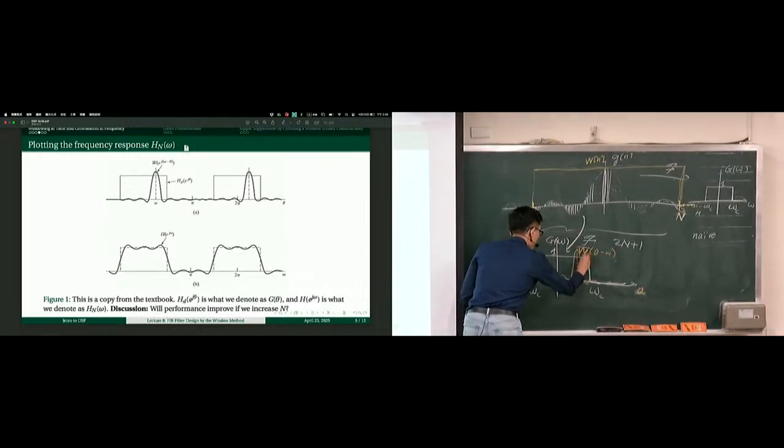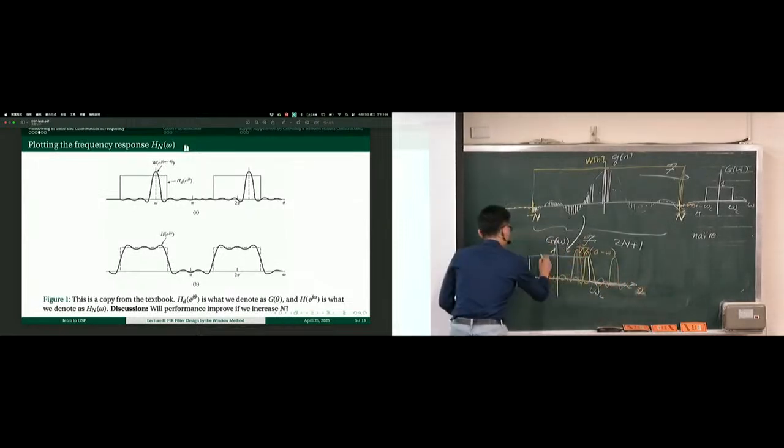Let's say for the next frequency, we consider W omega closer to the edge. And then for yet another frequency, we consider W now moving outside the passband. W can move outside further to the right, that's also possible, or to the left.